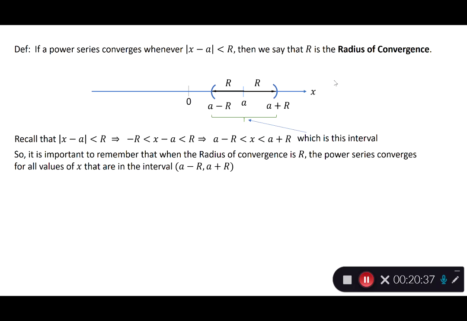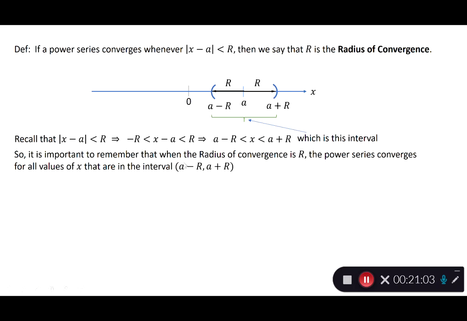So it is important to remember that when the radius of convergence is r, the power series converges for all values of x that are in the interval a minus r to a plus r, the open interval. What's up with that open interval? Open interval means the endpoints are not included.